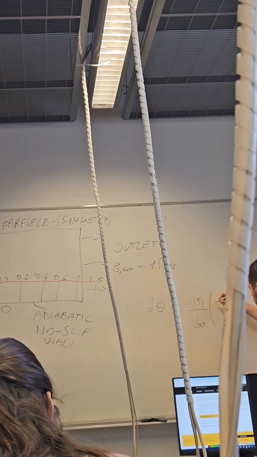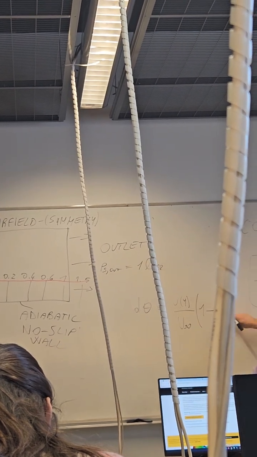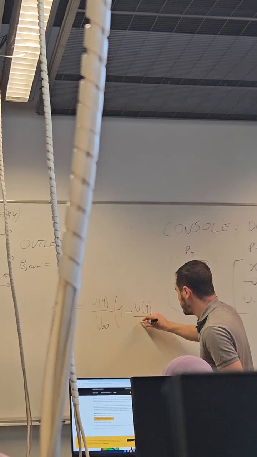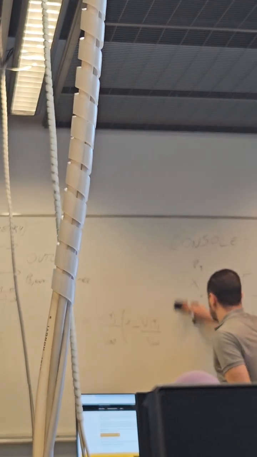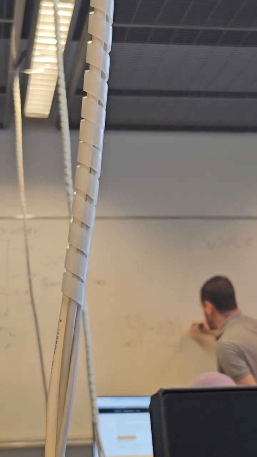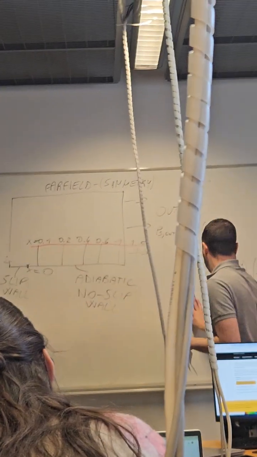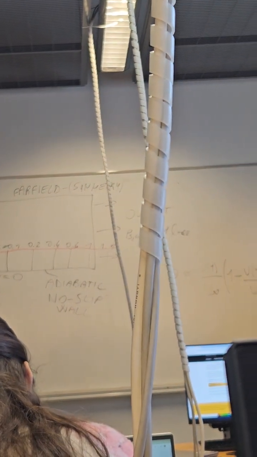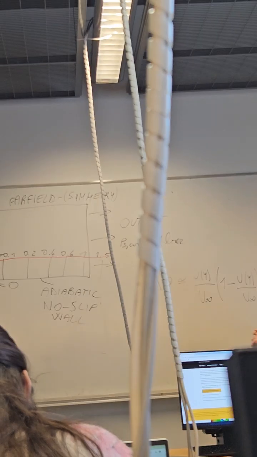Times 1 minus u velocity distribution over y over u infinite, times dy. Or if you prefer, you can get finite steps, so delta theta is equal to delta y.